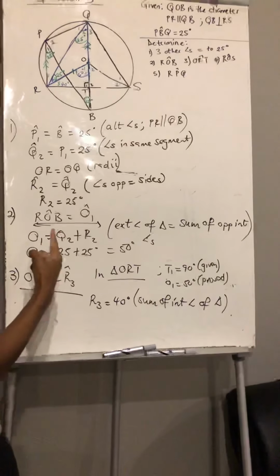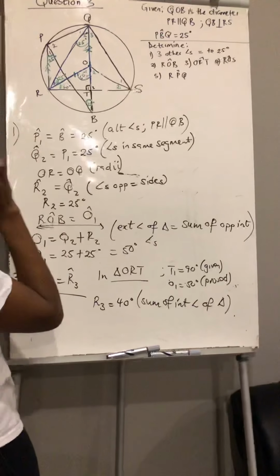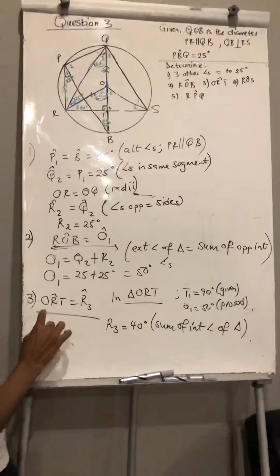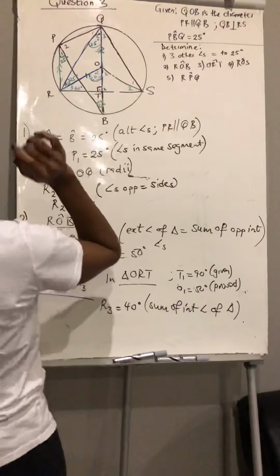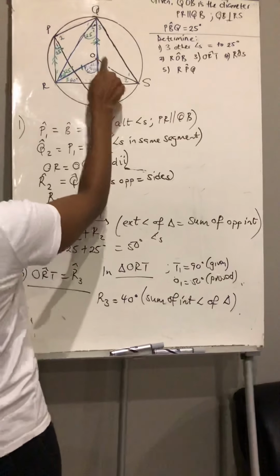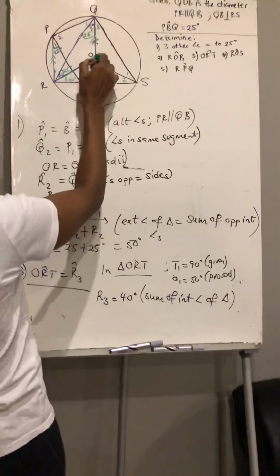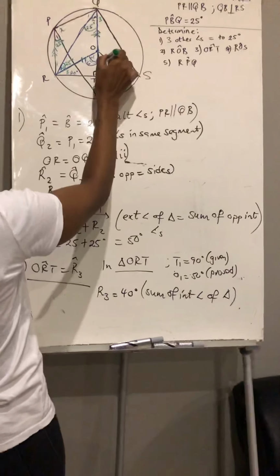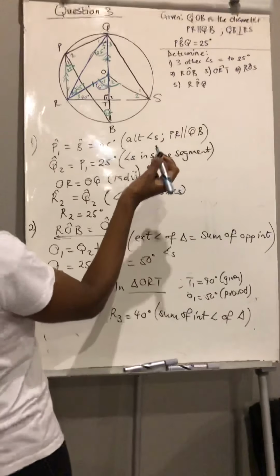However, in the meantime, please notice we are going to now calculate ROS. So in this next one, we want to calculate this whole angle right here. You know, there are two ways of doing it.